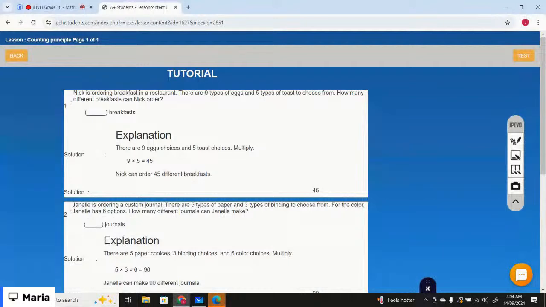Okay, the first one: Nick is ordering breakfast in a restaurant. There are 9 types of eggs and 5 types of toast to choose from. How many different breakfasts can Nick order?